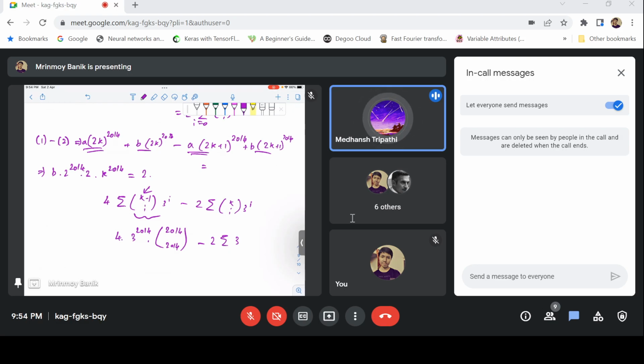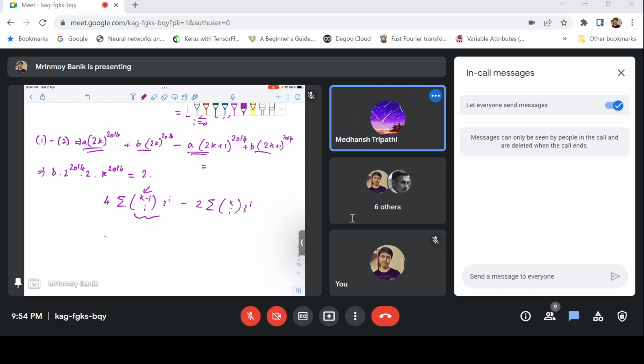So this is overall a polynomial divided by 2014 factorial. So the coefficient of k^2014 will be 3^2014 by 2014 factorial. Why are we dividing it by 2014 factorial? Because we can just expand it normally, like we expand n choose m.